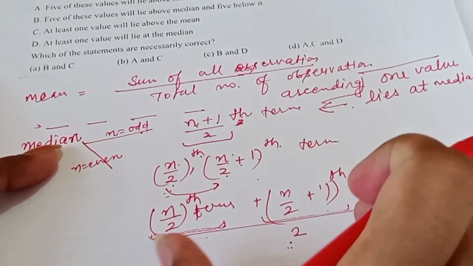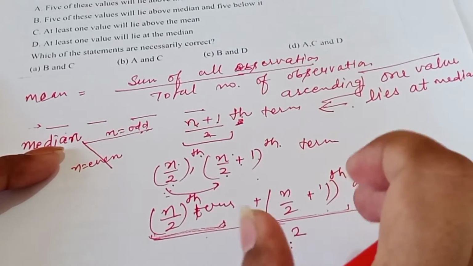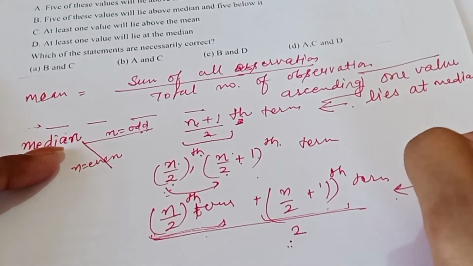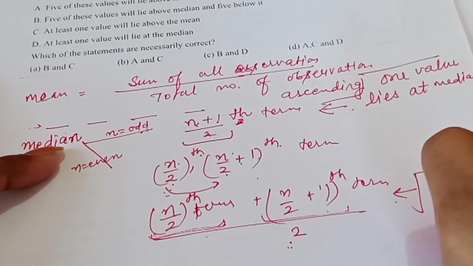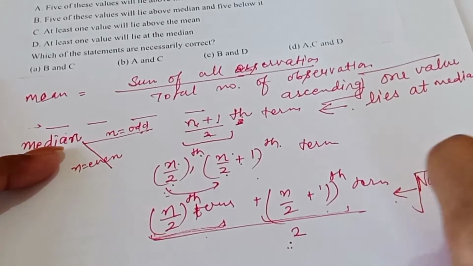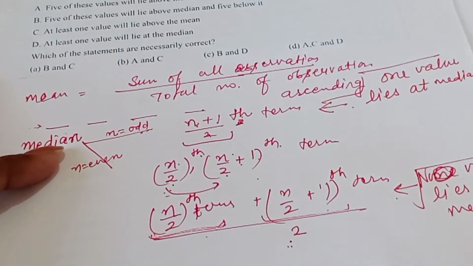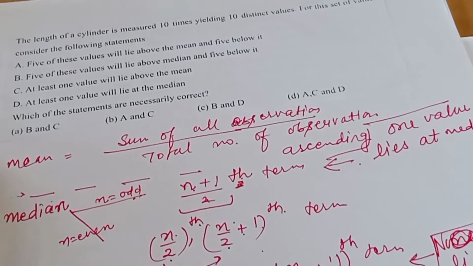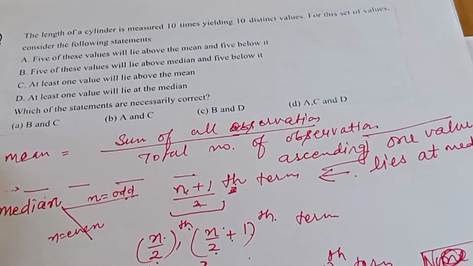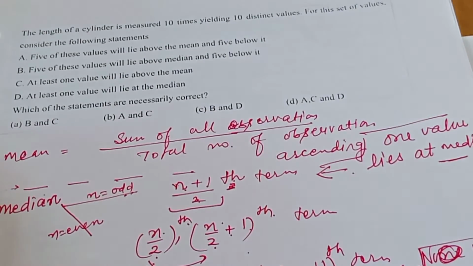It means after calculation we got a number which is not an exact given value. We can say one value or no value lies at the median. This is the general conclusion for the median.